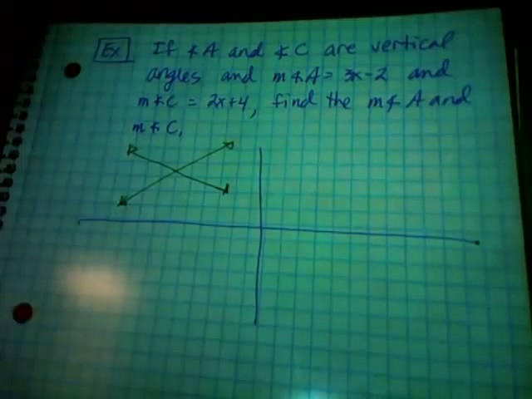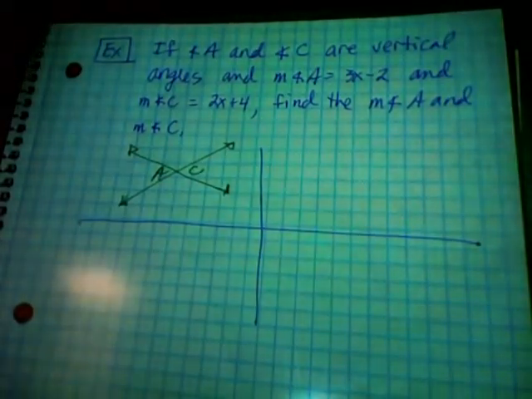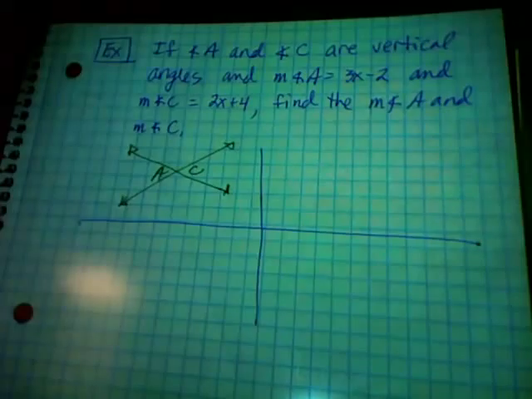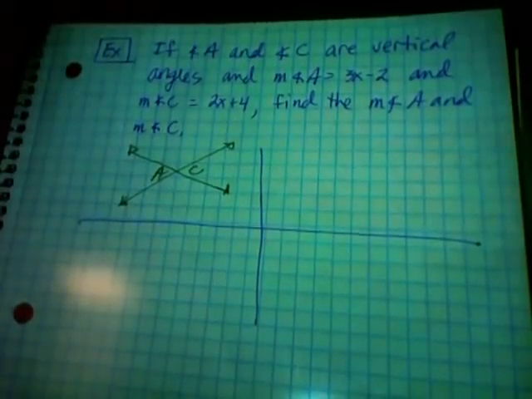We've got 2 sets of vertical angles. 2 are obtuse and 2 are acute. I don't really know whether my angles are obtuse or acute. It doesn't really matter for our purposes here. Let's say that I put A and C here. I could be incorrect in putting them in the acute spot, but it really doesn't matter if they turn out obtuse. I'll still understand what's going on.